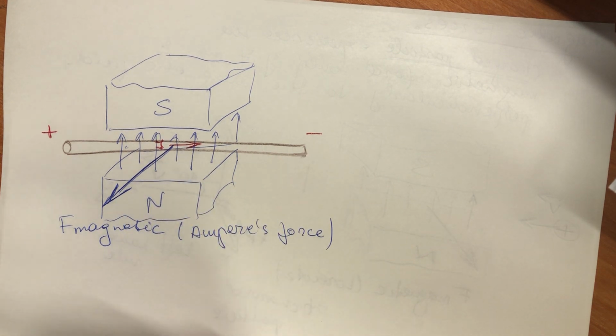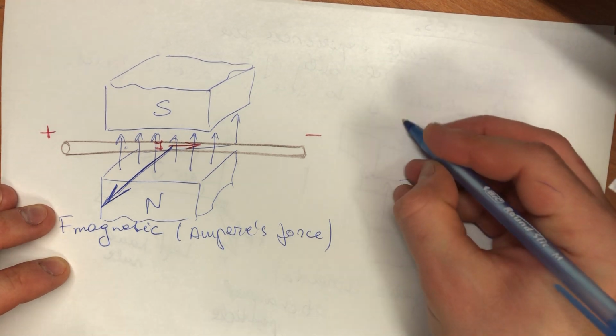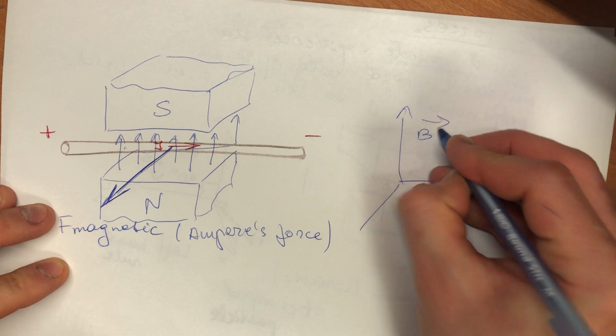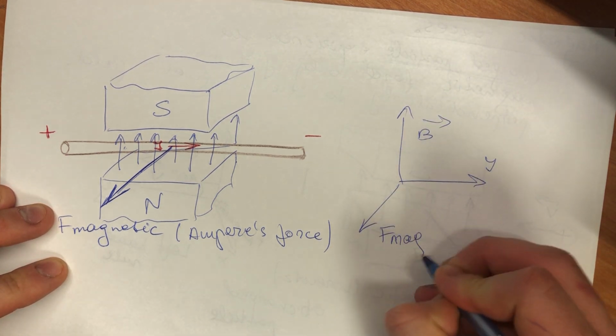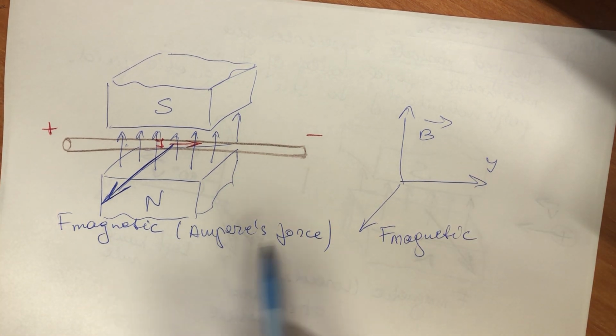What else have I missed? So again, in this case, it would be the direction of the current, the magnetic field, and this would be F magnetic, or in this case Ampere's force. If you mix them, it's not a big deal, but if you speak with true physicists, don't miss them.